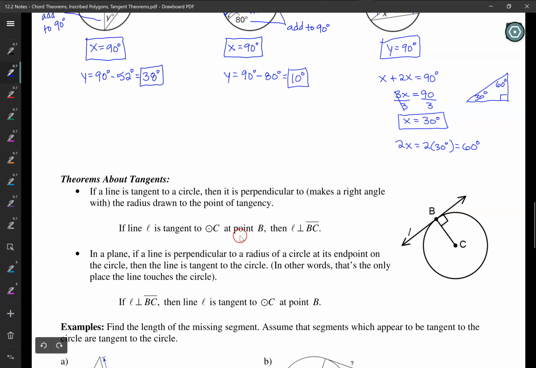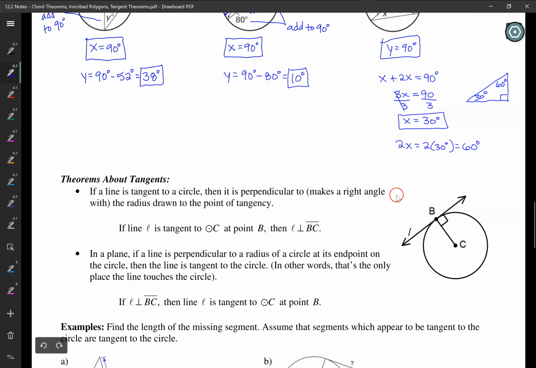And the reverse is also true. If you see a line that makes a right angle with a radius, that means that that line is tangent to the circle. That means that this point right here will be the only place where that line touches the circle. It won't barely touch the circle in two places. It'll be the only place where that touches the circle.